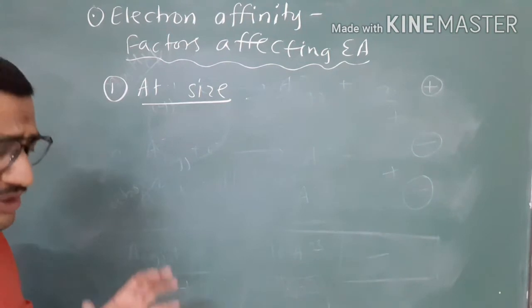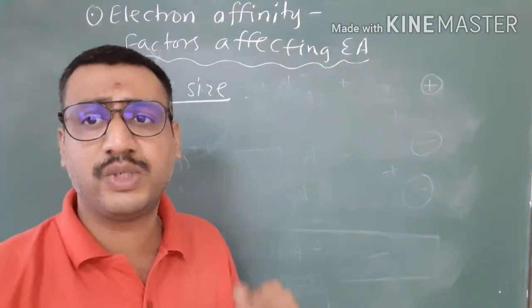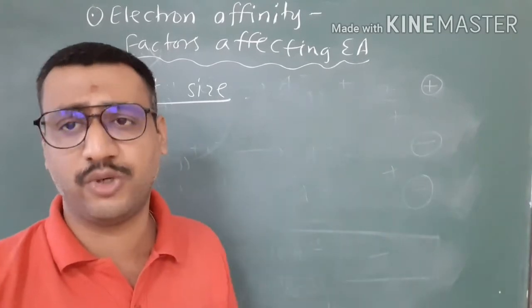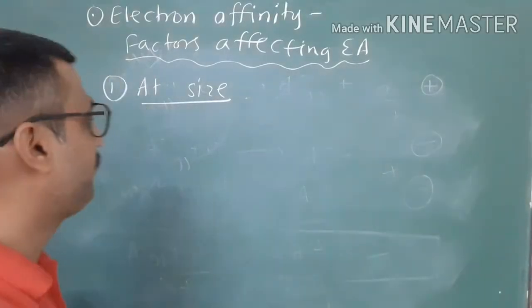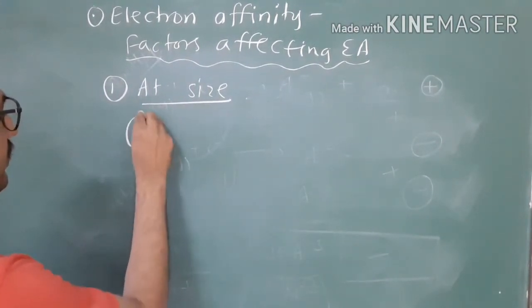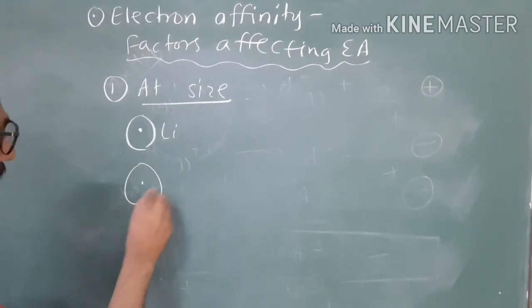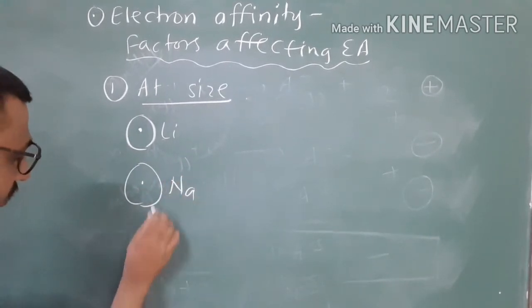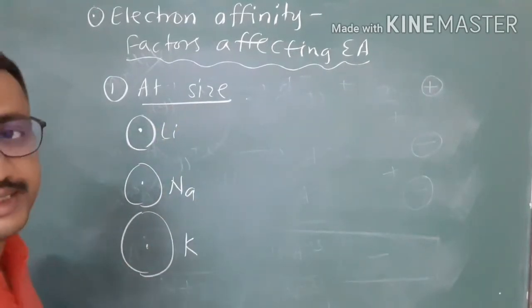The smaller the size, the lesser the distance between the nucleus and the upcoming electron, so more energy will be released. For example, we have lithium, sodium and potassium, first group elements. We know that from top to bottom atomic size increases.